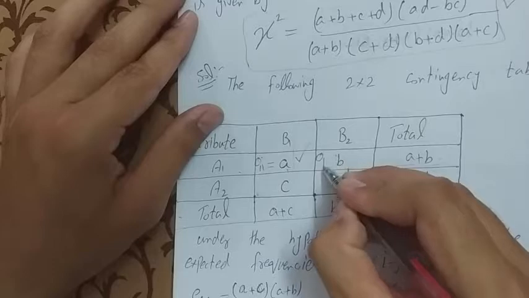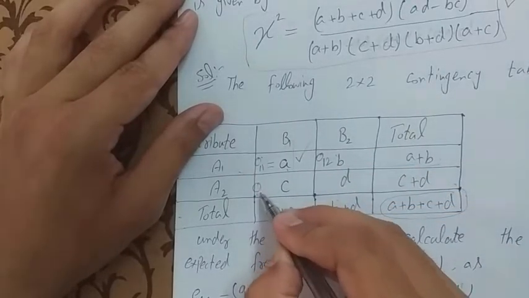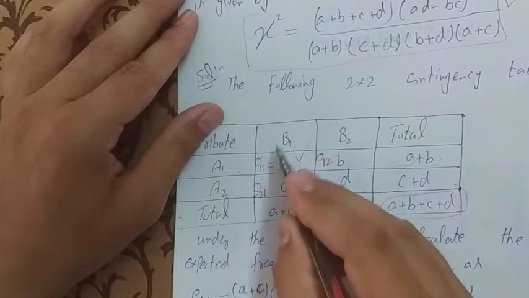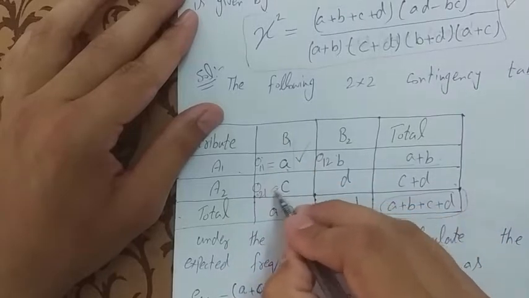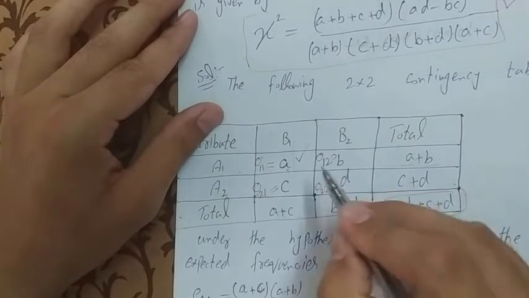This is 1 2, the first row and second column. This is the second row and first column, and this is the second row and second column.